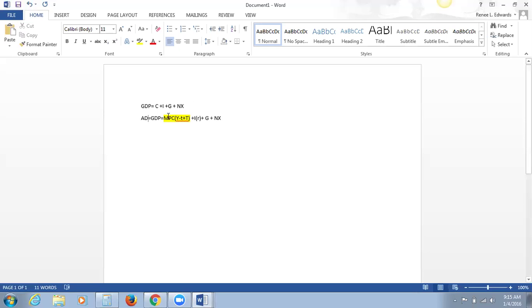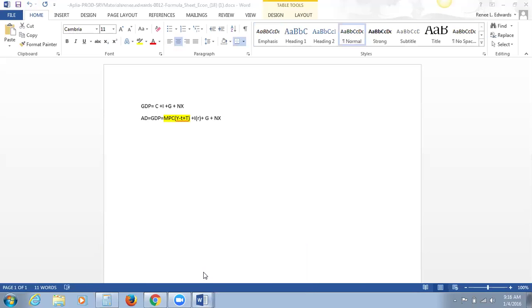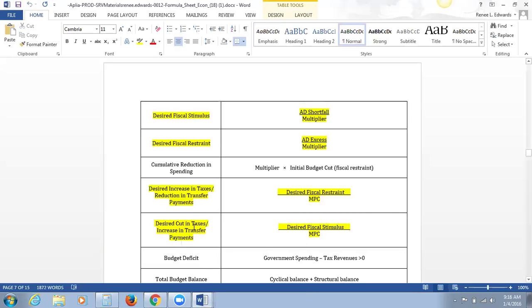Getting back to taxes. All the book says is that when we give people a tax break to increase aggregate demand, increase GDP, not all of that money is going to be spent dollar for dollar. So here we have to compensate. The formula book shows you: if the desired cut is in taxes, we take our desired fiscal stimulus, which we previously calculated, and we have to divide it by the marginal propensity to consume.